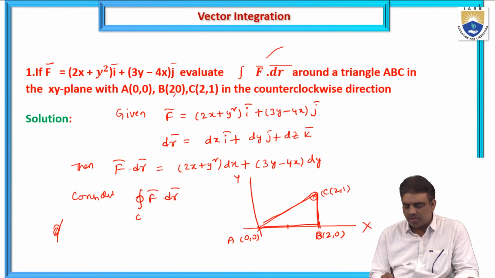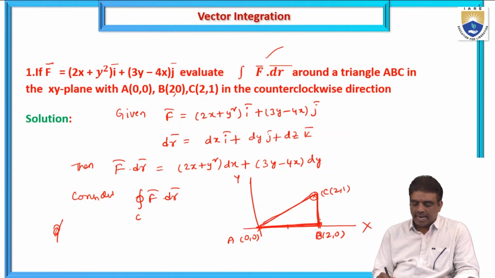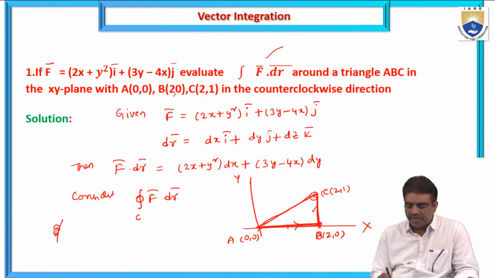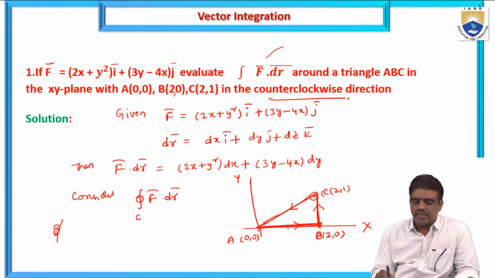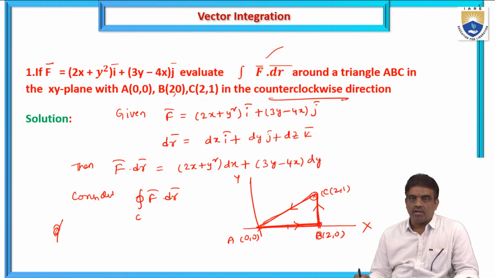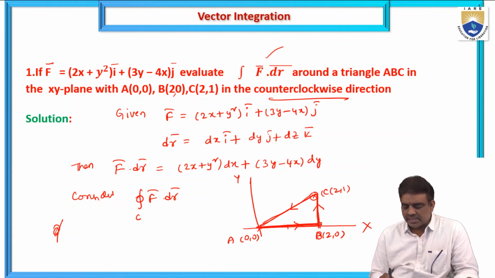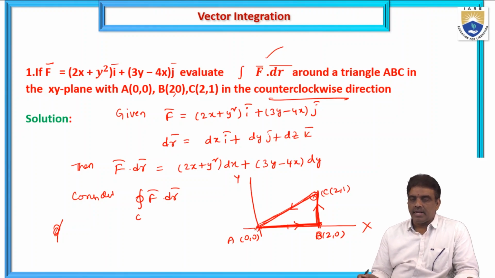So here we have to evaluate the integral of f bar dot dr bar along the triangle, that means along AB, along BC, plus along CA, because the direction is counterclockwise, that is anticlockwise direction. First along AB, then BC, then along CA, that will be along the triangle ABC.